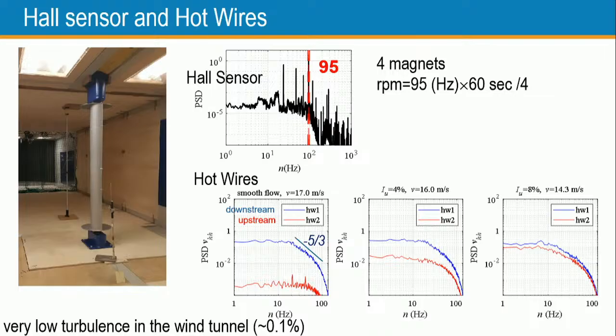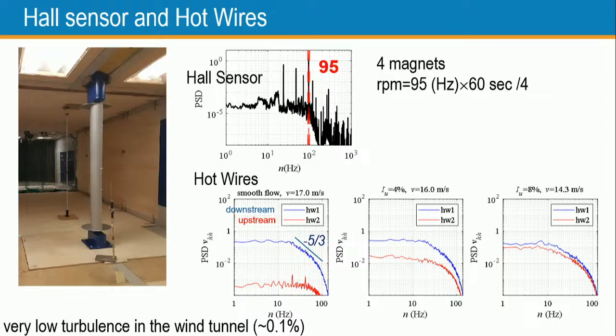For instance, to estimate the rotational velocity from the Hall sensor, we derived this information from the power spectrum of the Hall sensor outcomes, picking the frequency corresponding to the highest peak of the spectrum.